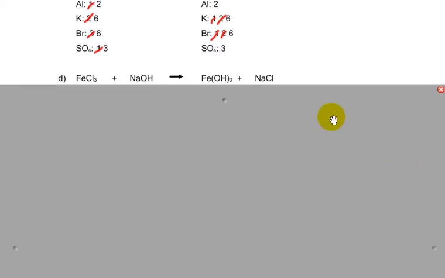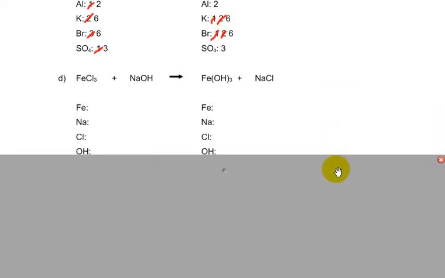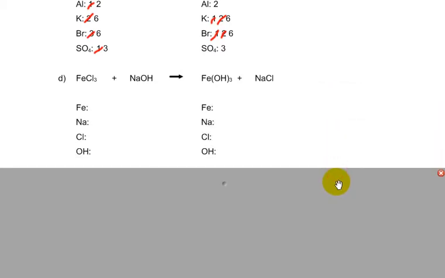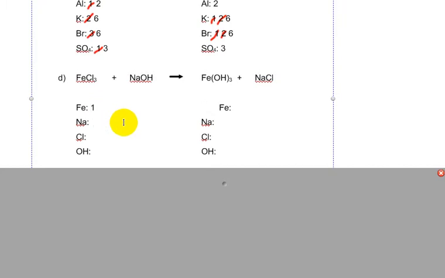Okay, if you had a chance to at least try those 3, let's take a look at what we got here. Again, we have a polyatomic group, OH and OH, so we can get away with treating it as one big group. Let's see here. We have 1 iron, 1 sodium, 3 chloride, and 1 hydroxide group.